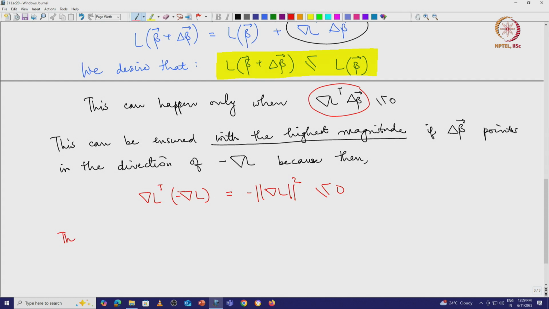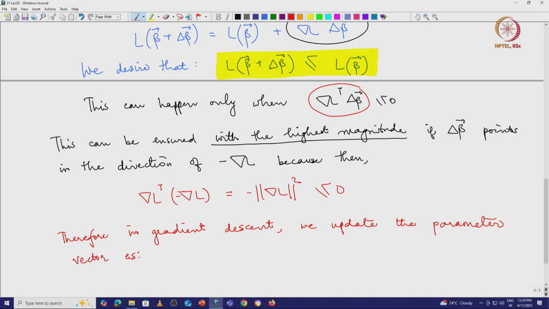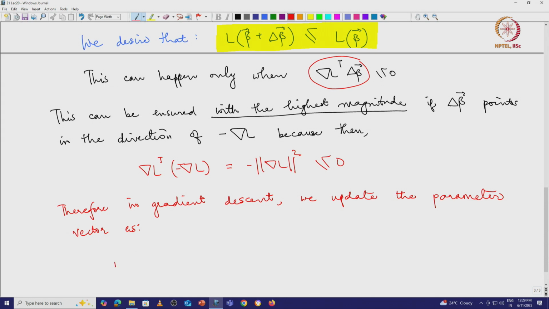So therefore in gradient descent or steepest descent, we update the parameter vector as beta at iteration k plus 1 is equal to beta at iteration k minus the gradient of L at beta k.